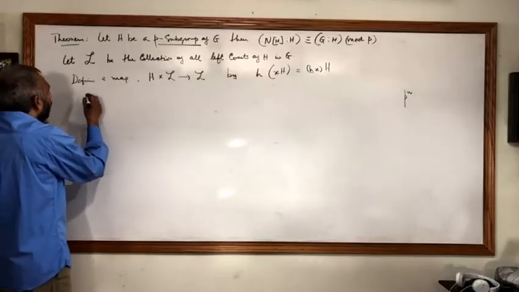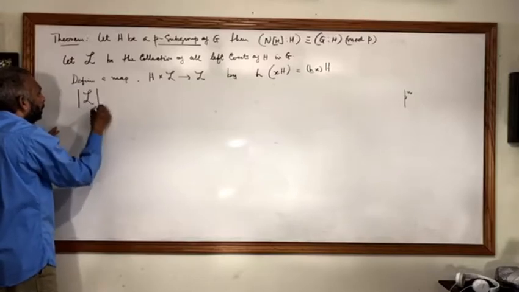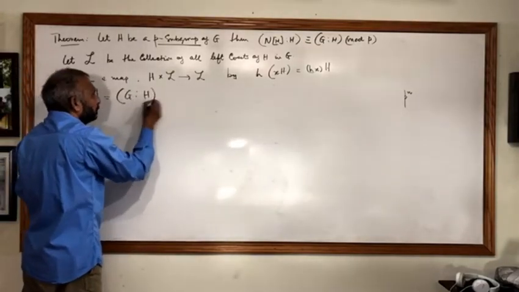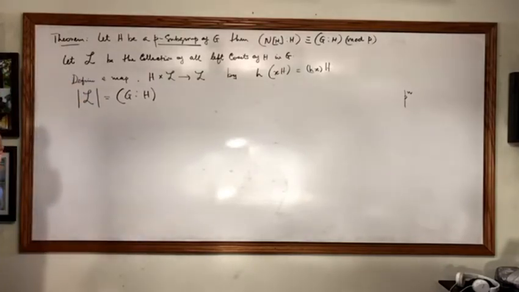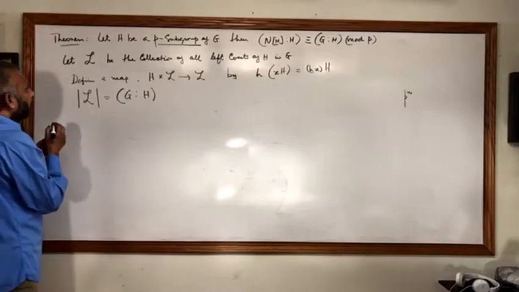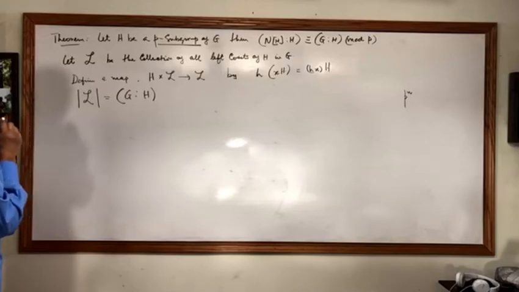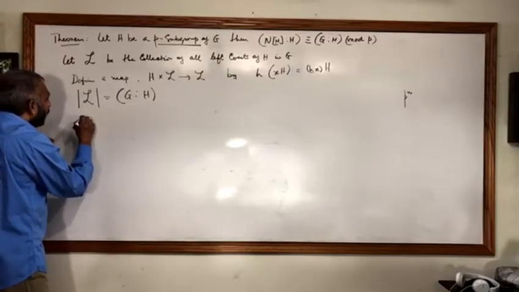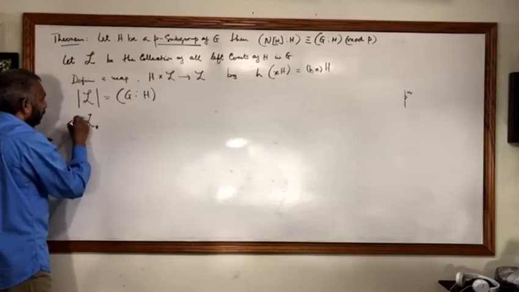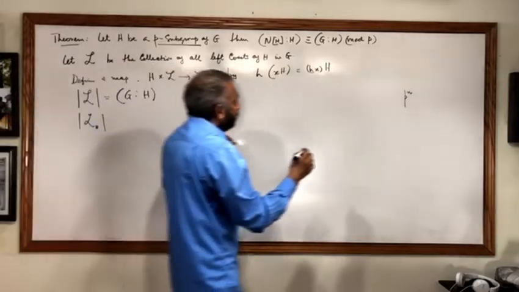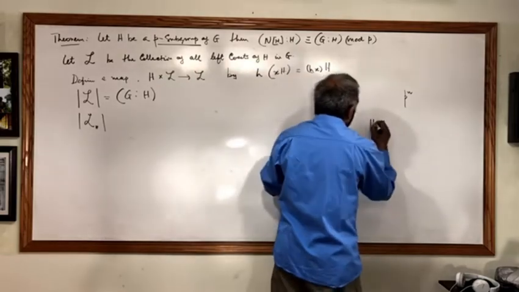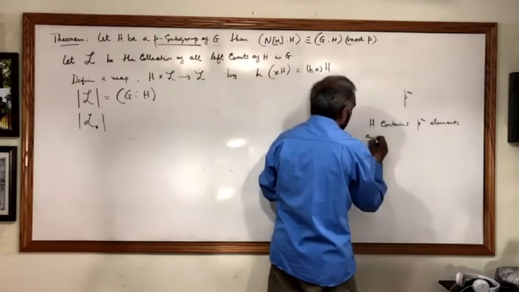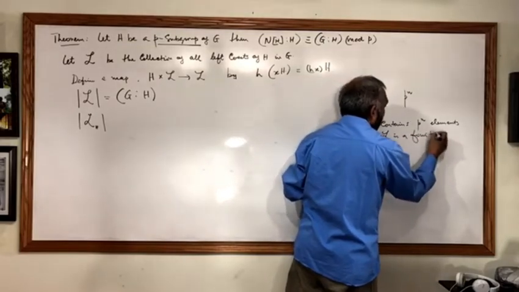Now the order of L, the collection of all left cosets, is nothing but the index of G over H. What we are going to do is find out, see, H contains P to the power of n elements, and L is a finite H-set.